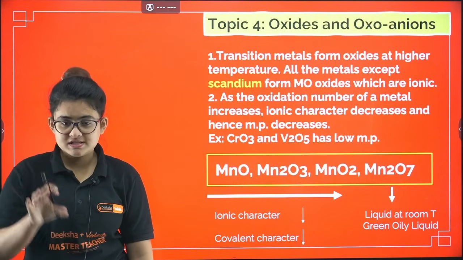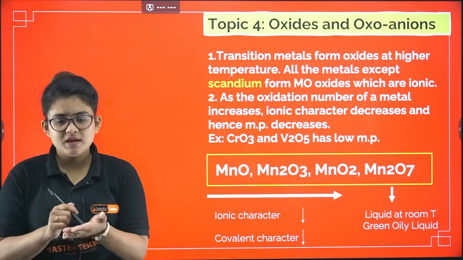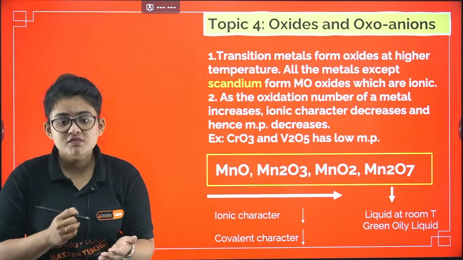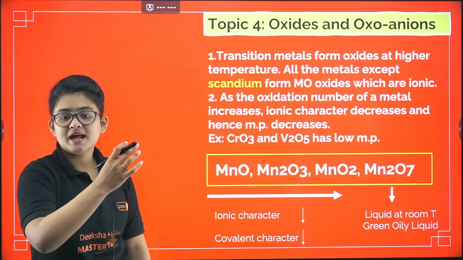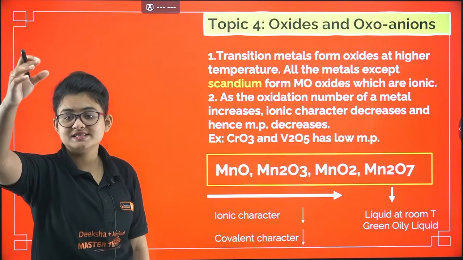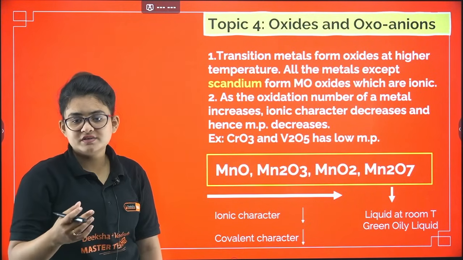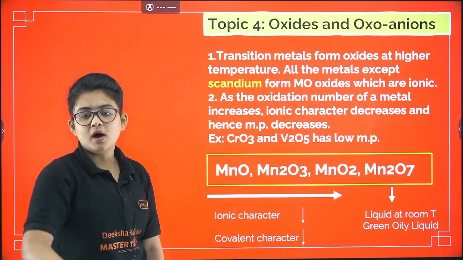Now if you discuss the oxides of manganese, MnO, Mn2O3, MnO2, Mn2O7, the oxidation state of manganese is increasing, right? Hence ionic character decreases, right? As a result, the melting point becomes lower.